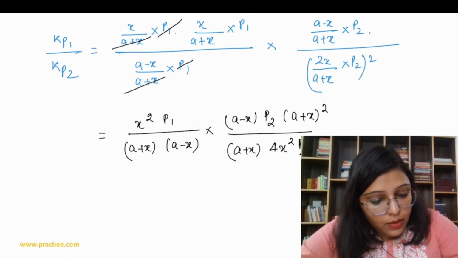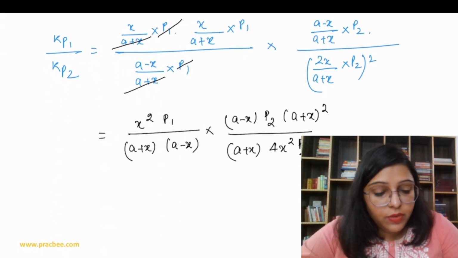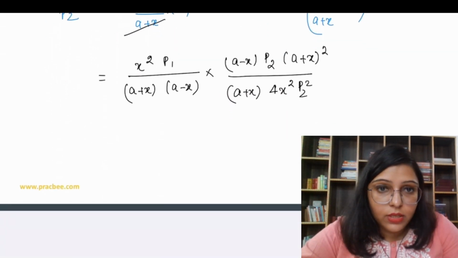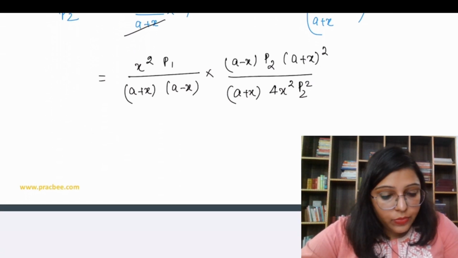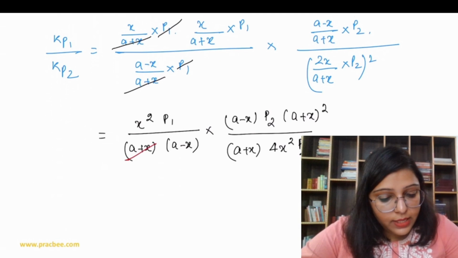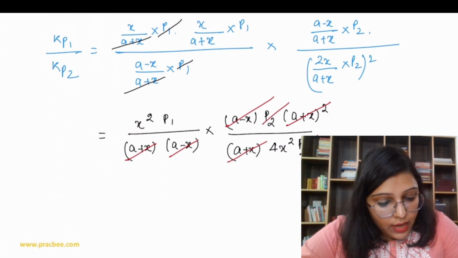Clear? On further simplification, I am cancelling everything. So a plus x cancels, a minus x cancels, P2 cancels, x square cancels. On solving everything we get P1 upon 4 P2.